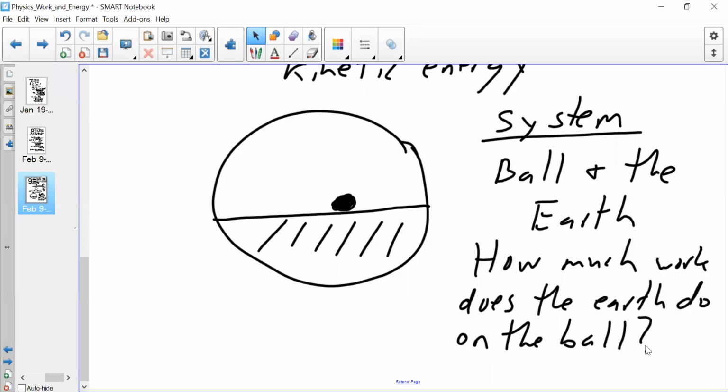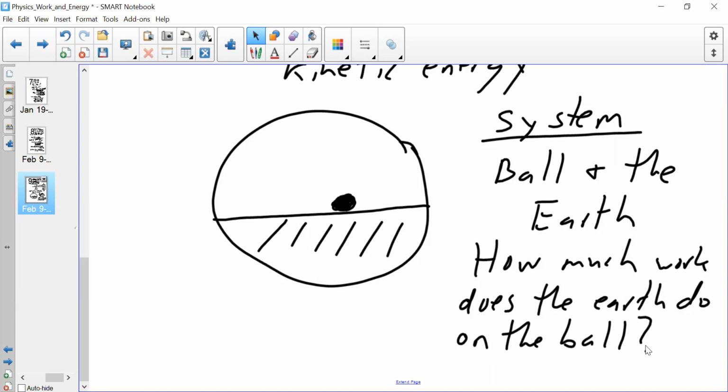Anybody want to take a guess? Would it, because isn't gravity still acting on the ball? So it'd be like 9.8 or negative 9.8. Remember the concept of work. Work involves a force and a displacement.